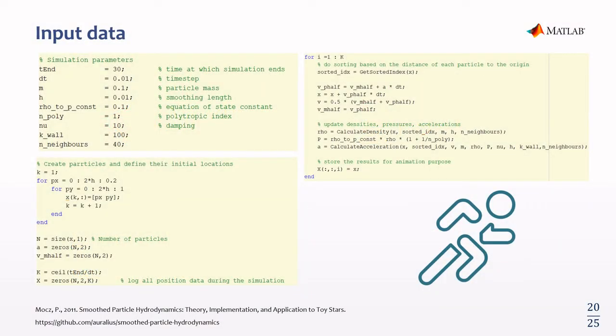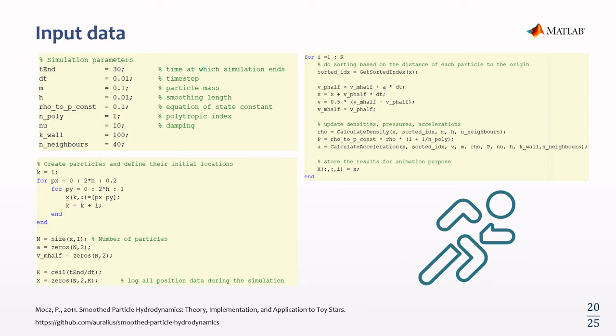For the input data, we first set the simulation parameters. First, we set the time at which the simulation ends, then the time step, and then particle mass, smoothing length, equation of state constant, polytropic index, and damping.